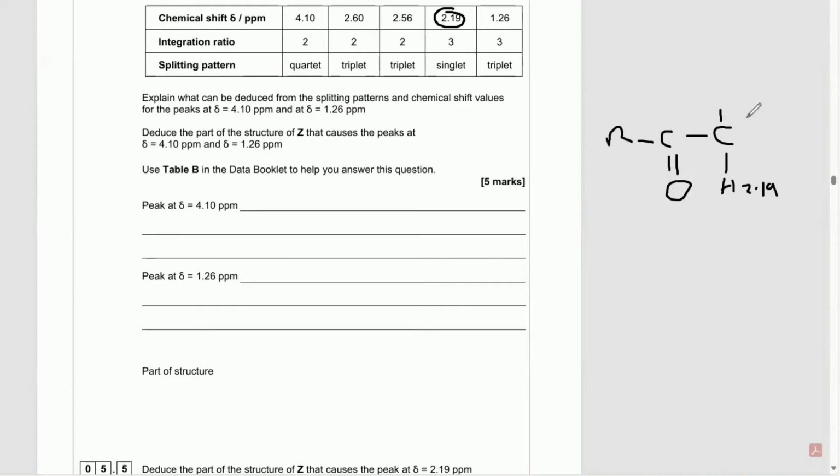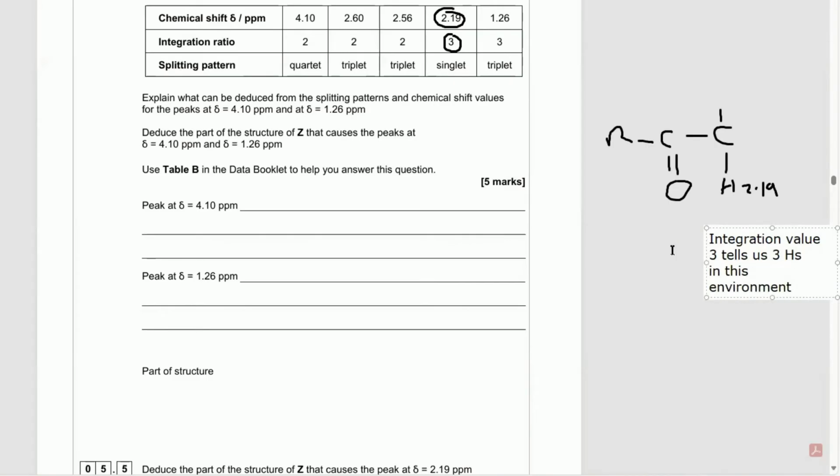So that is the structure responsible. However, we've also got some other information: an integration ratio. I keep calling it a trace, but it's not a trace, that's a line on a graph. Sorry about that. This is an integration value or ratio, and a 3 tells us 3 H's in this environment.